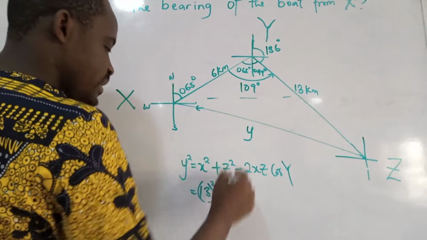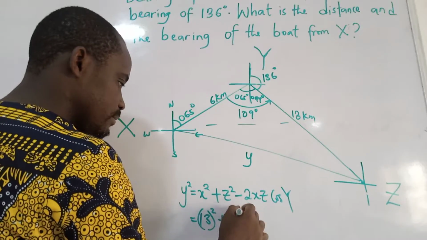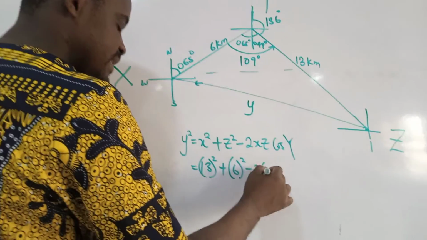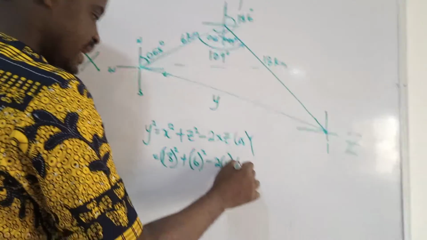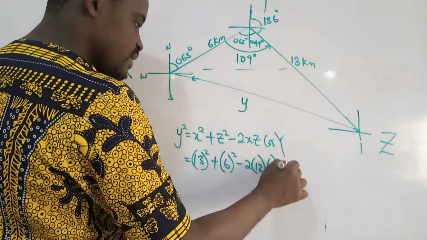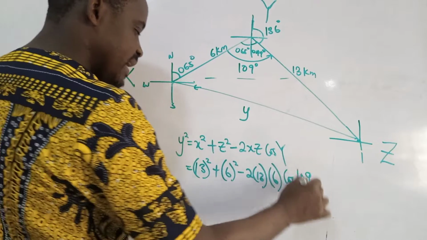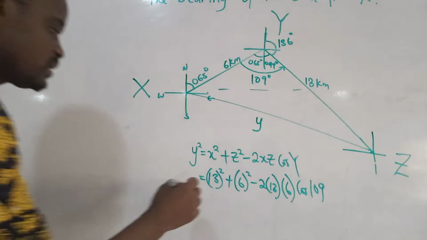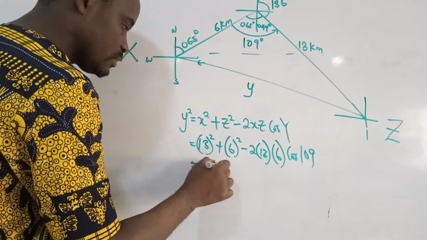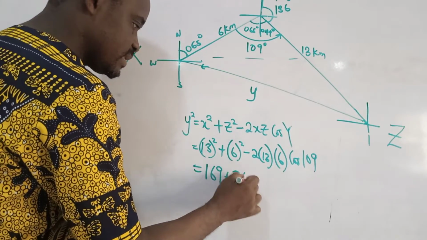plus z squared is what? 6 squared. x is 13, z is 6, cos 109. 13 squared is what? 169. 6 squared is 36.